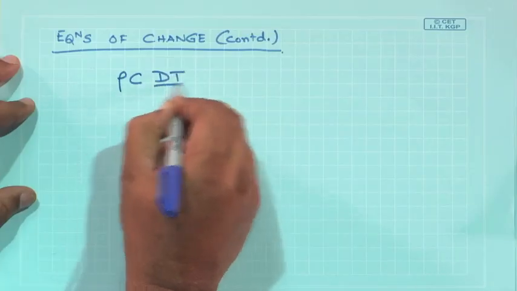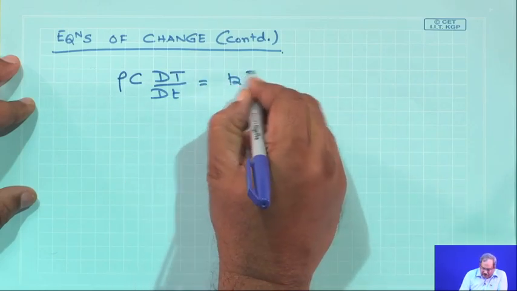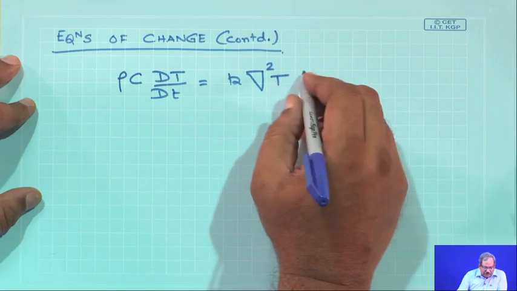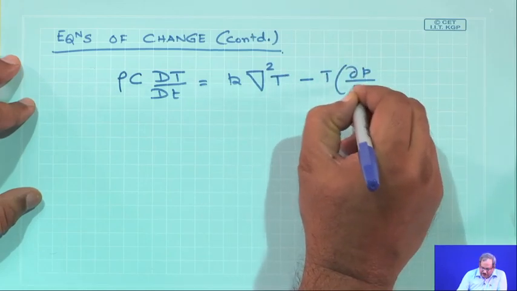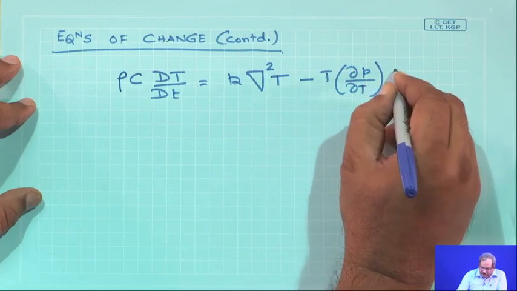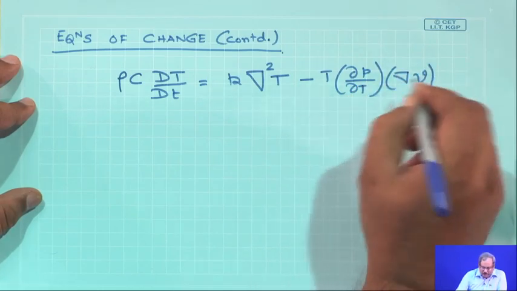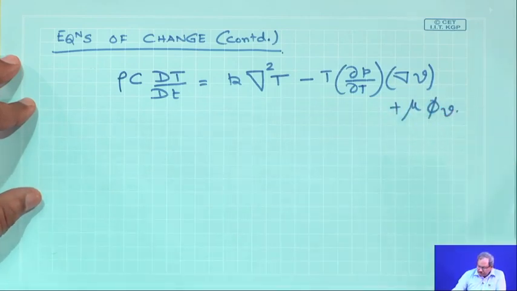I am going to write the final form of the equation as rho c_p DT by Dt is equal to k del squared T minus T (del P by del T) times divergence of velocity, plus mu phi v.